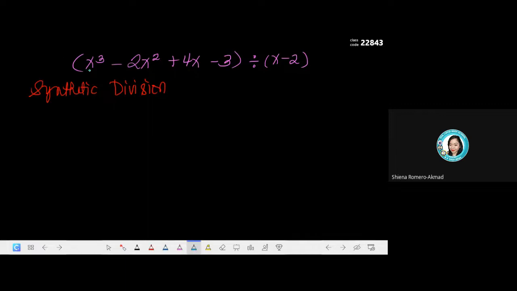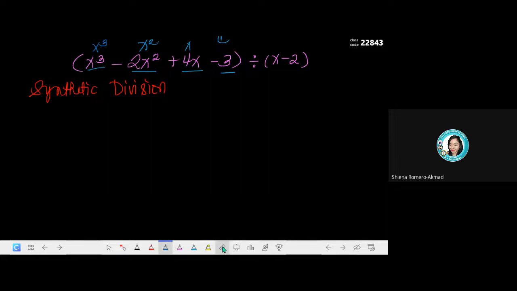So, sa tingin natin, may x cubed, may x squared, may 4x, may constant. So, yun yung kailangan yung tandaan. Constant, yung may variable x, may variable na x squared, at may variable na x cubed. I mean, my term with x cubed.